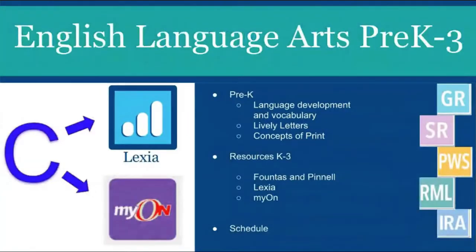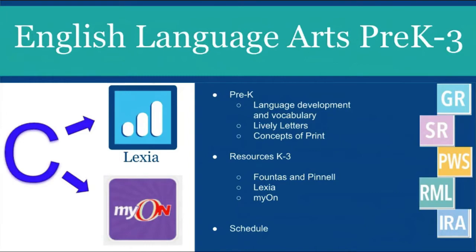For English language arts, I've divided it this evening into the kinds of resources that we use. We have certain sets of resources that we use to bring the curriculum to our students, and that's how we've divided it today. The first group we're going to talk about will be our youngest ones, pre-K through 3.